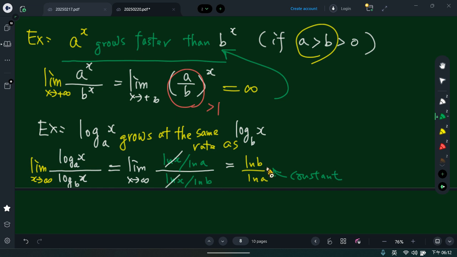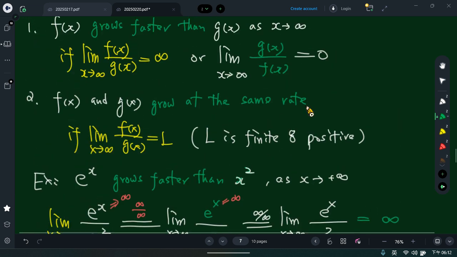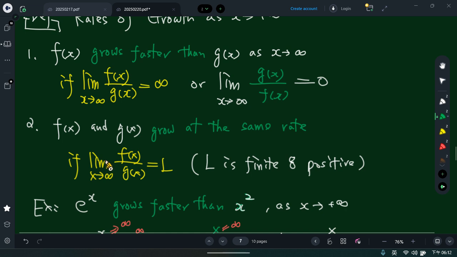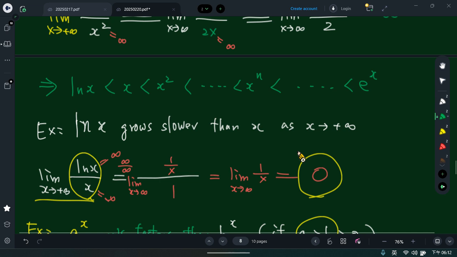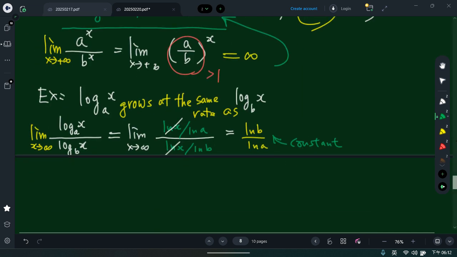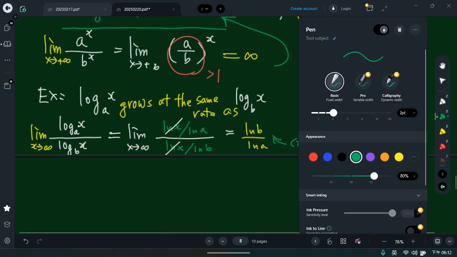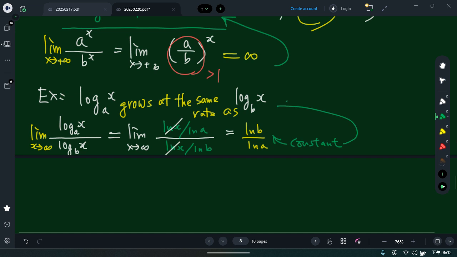If it's a constant, do you remember our definition just showed that if this ratio is a constant, positive, and finite, then we say these two functions grow at the same rate. So that's why we conclude that these two functions grow at the same rate.